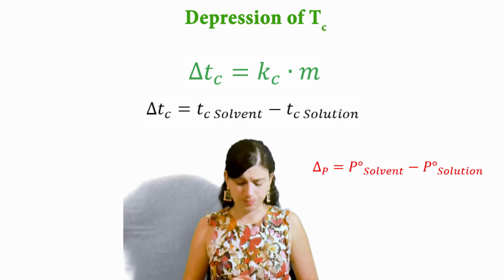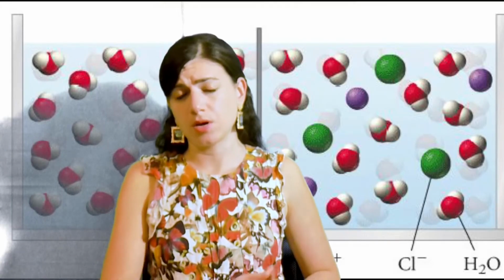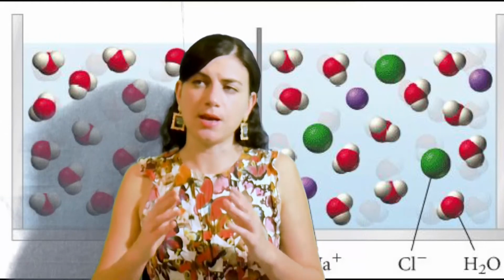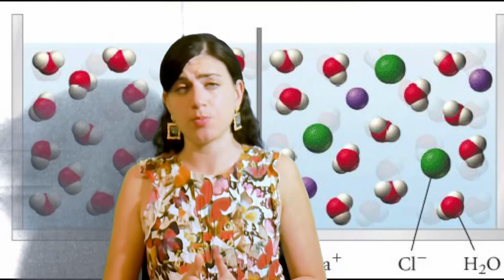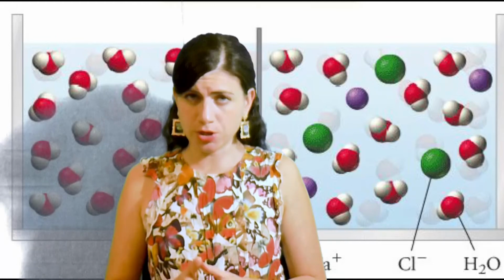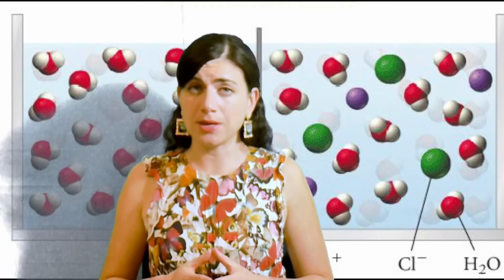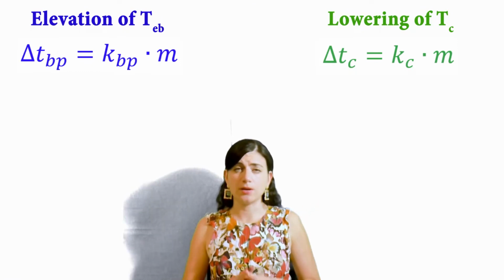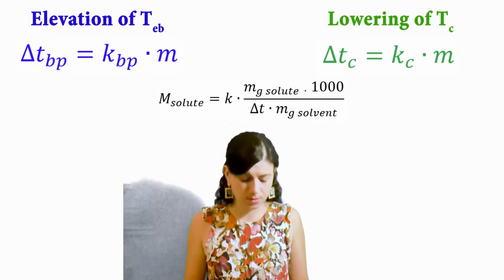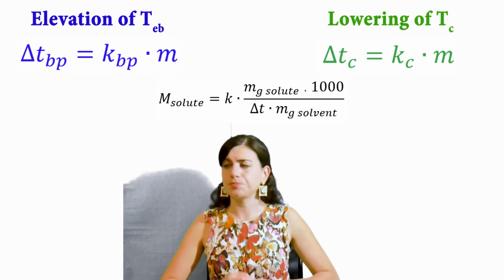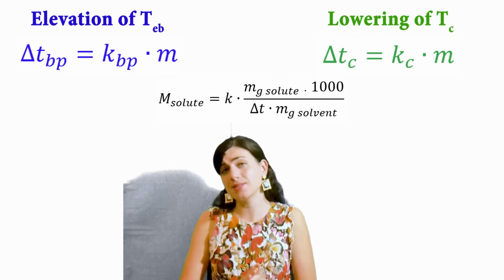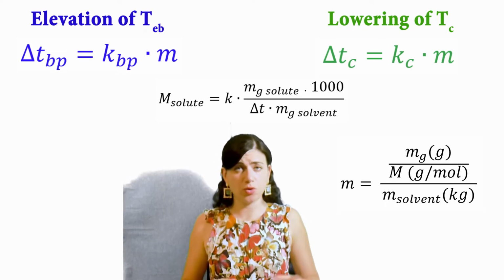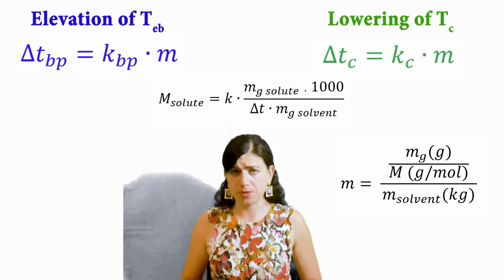Again, as for the lowering of vapor pressure and the elevation of boiling point, also for the depression of freezing point you can find an equation to calculate the molar mass of your solute, which is this one. You can get it if you write mol as the ratio between mass and molar mass inside the definition of molality for both of these two colligative properties.